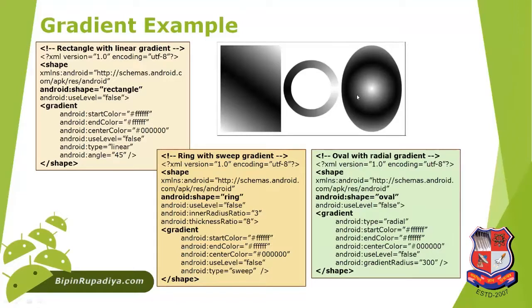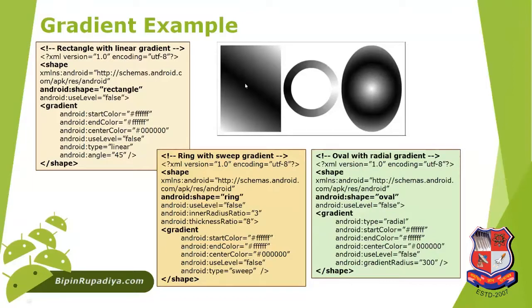Again, these are the basic shapes. When you place a shape into a container, that means the layout, it will look according to the height and width of that layout. Say you specify an oval in some square layout, it will look like a circle.